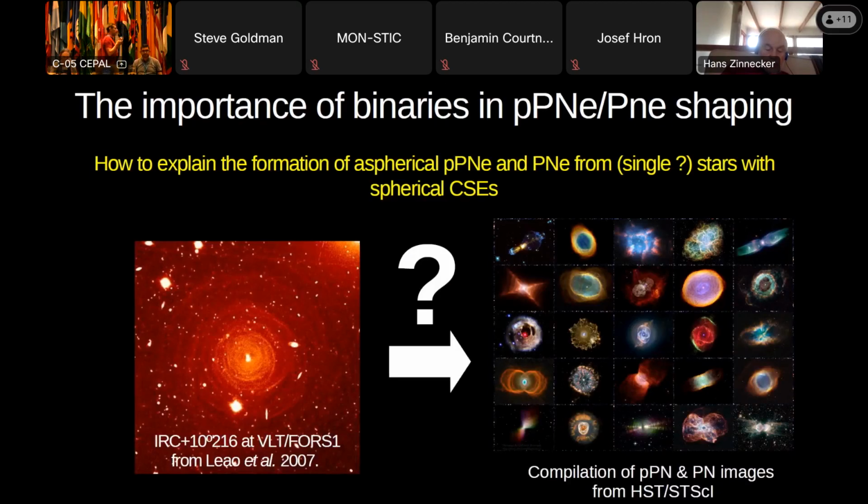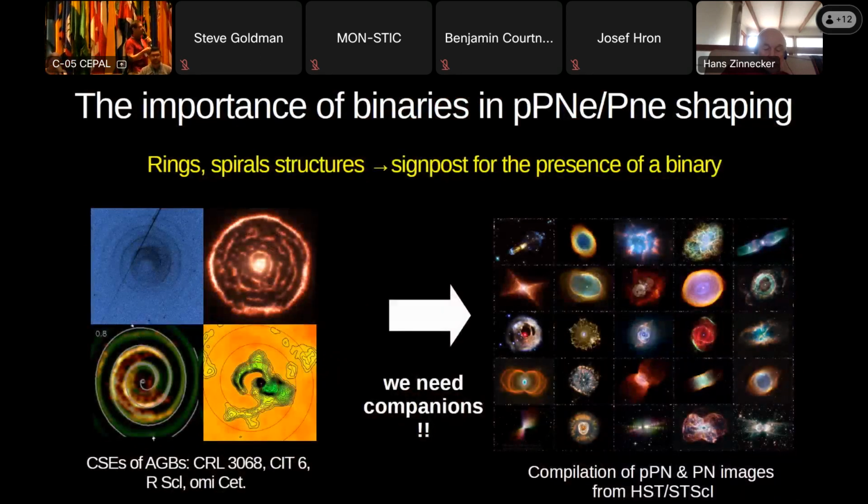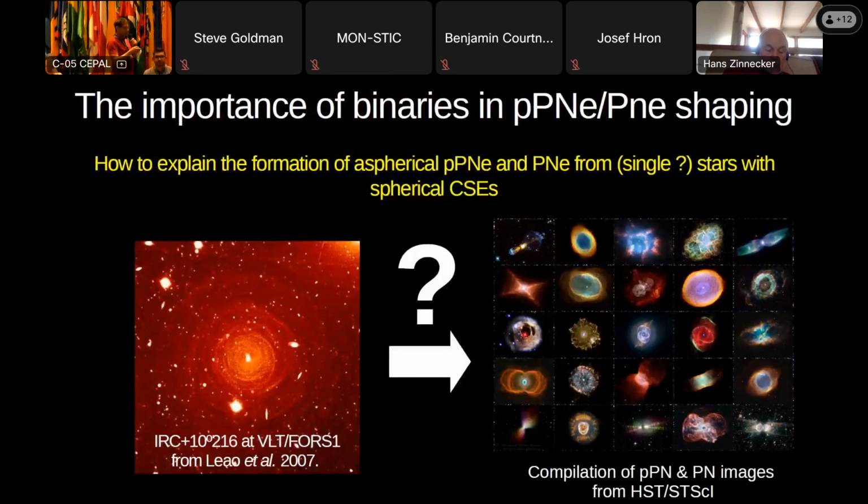We don't know how, in a few thousand years, we pass from a star that presents a spherical symmetry with a slow expanding wind to planetary nebulae that are mostly axisymmetric or multipolar or of elliptical symmetry.